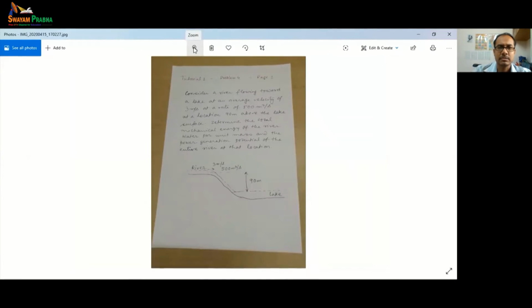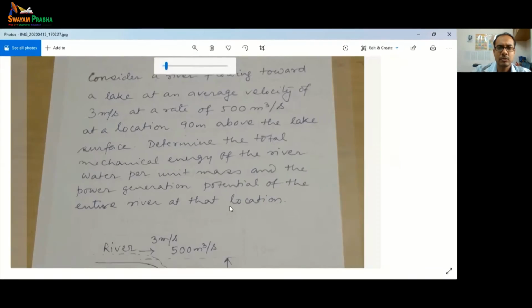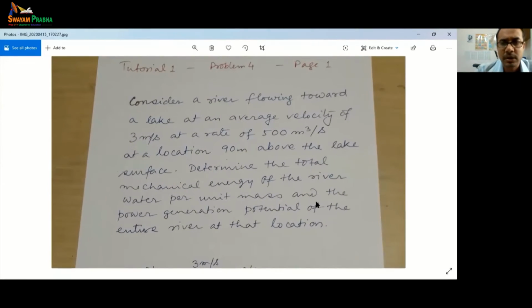So let's take this problem 4. Let me zoom this out a little bit. What this problem is asking us to do: consider a river flowing towards a lake at an average velocity of 3 meter per second at a rate of 500 meter cube per second.